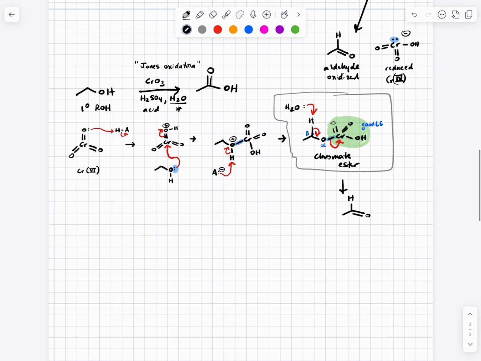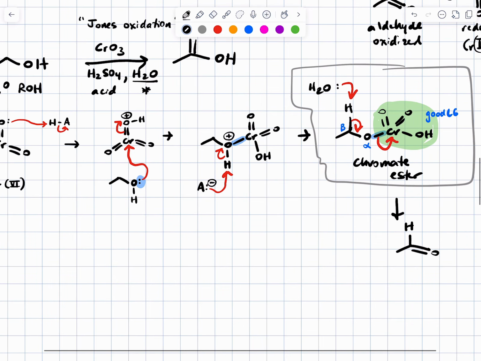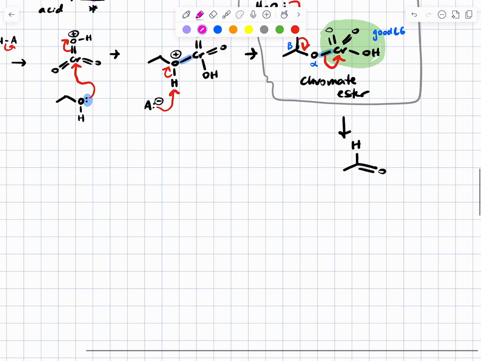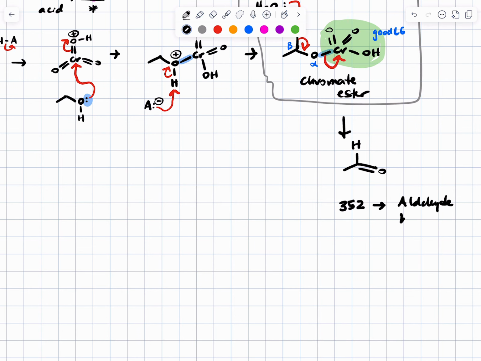Yay us, okay? So to understand what happens next, remember I told you the key was the presence of water. And what you need to know about water and aldehydes is something you will learn in 352. It's called aldehyde hydrate formation.